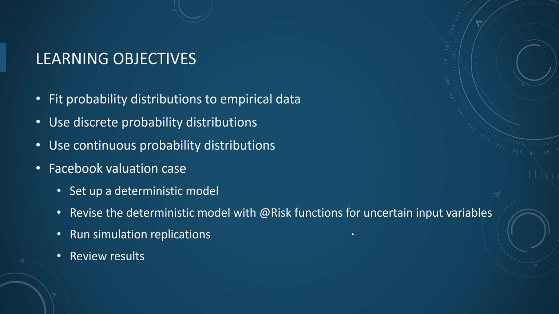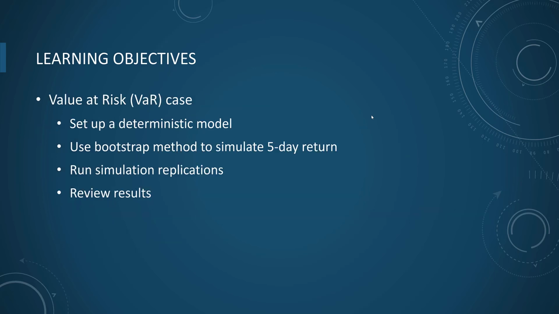There are 3 uncertain input variables that we'll be looking at. For each of them, we'll incorporate @RISK probability functions, and then we will run simulation replications and review the results. So that will be what we do for the first case, the Facebook valuation case.